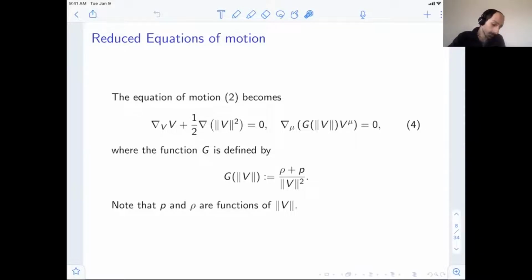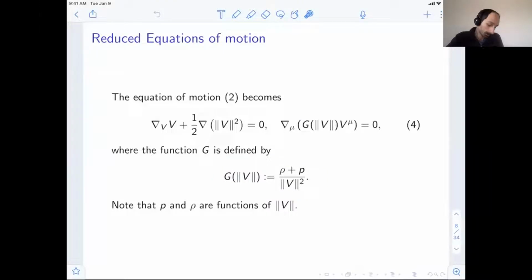And the other one is the divergence of G(|V|) V is 0, where this G is some function which depends on this magnitude of V. The exact form of the function depends on the equation of state relating the pressure and the energy density. But this G in terms of those is given as follows: P plus rho divided by norm V squared.